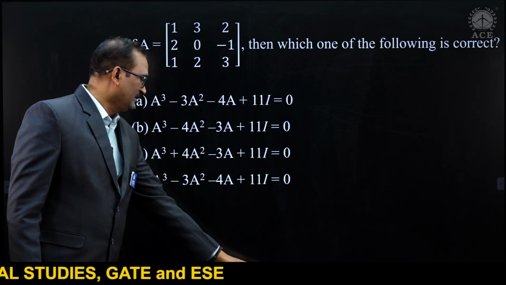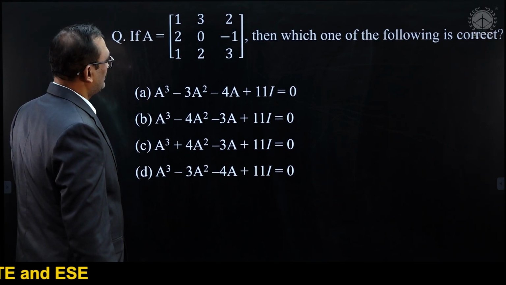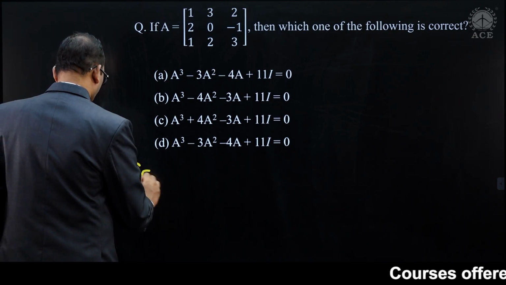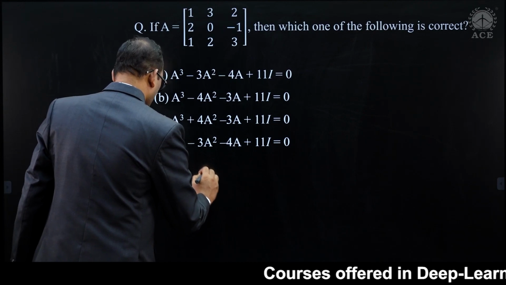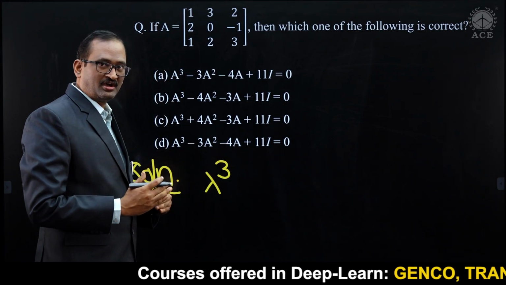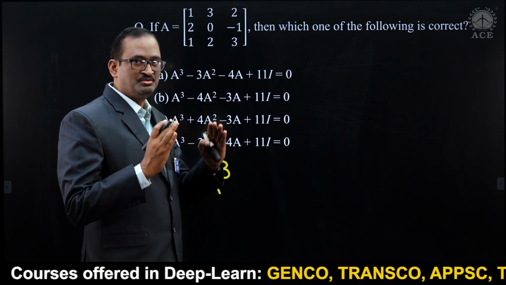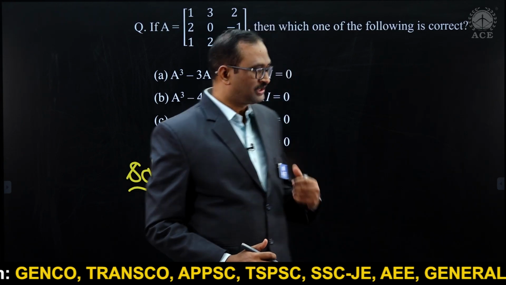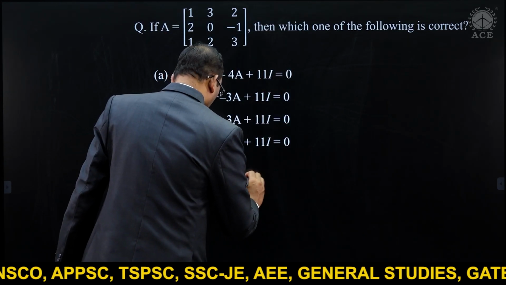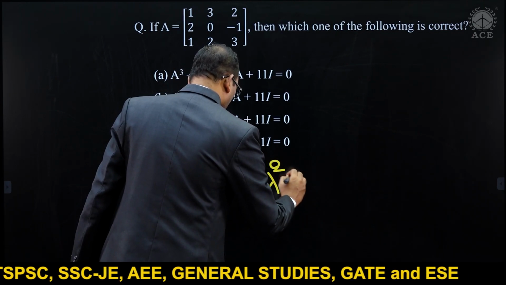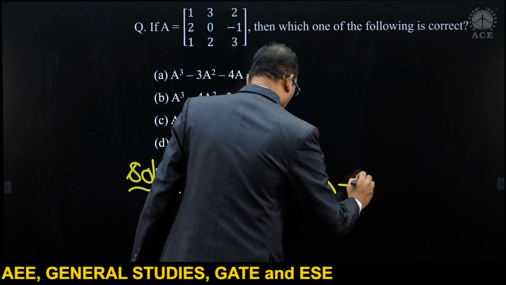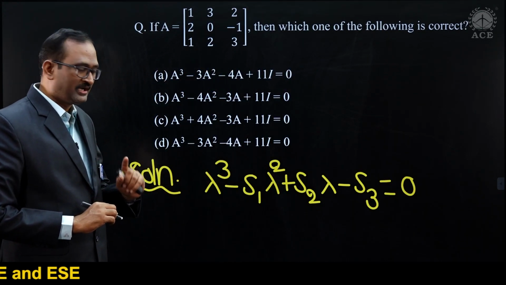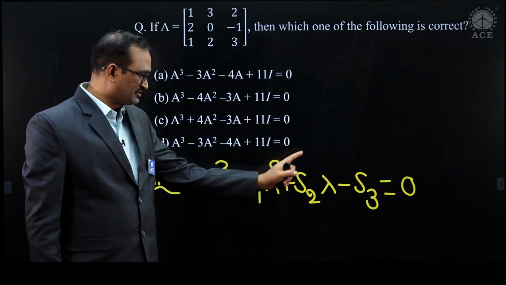We'll get some clarity. Now first of all, the formula to find eigenvalues is the characteristic equation. Remember, the characteristic equation of any 3 by 3 matrix we can find using either det of A minus lambda I is equal to 0, or we can also find like this: lambda cube minus S1 into lambda square plus S2 into lambda minus S3 is equal to 0. Terms are alternately positive and negative: plus, minus, plus, minus.